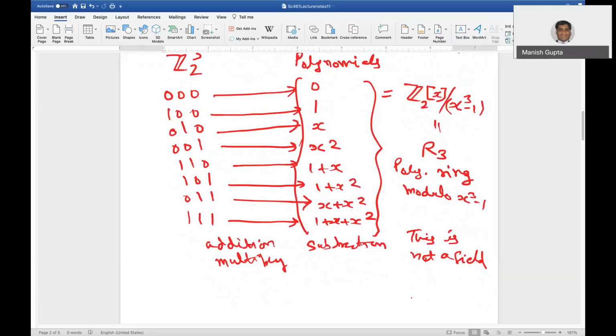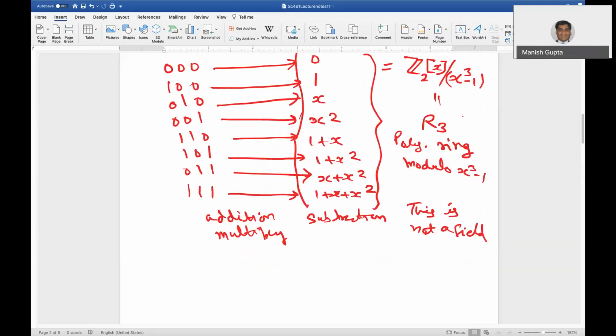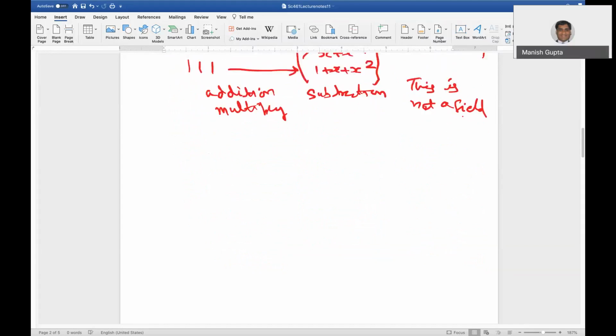Here the main reason is that we are taking the division by x cube minus 1, which we can factor. x minus 1 is one factor, and then the other factor is of degree 2. So basically, what we can say is that if we take GF2[x], our notation, sometimes we use Z2[x] or GF2[x], and divide it by a polynomial f of x.